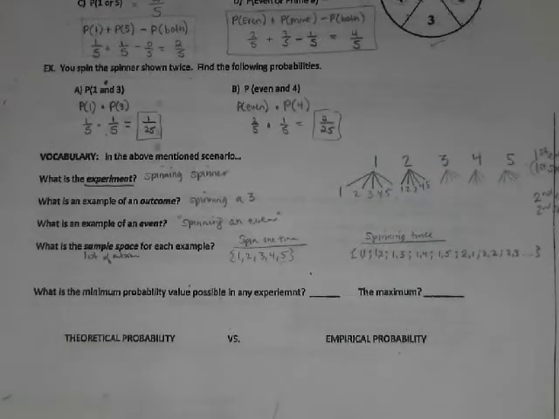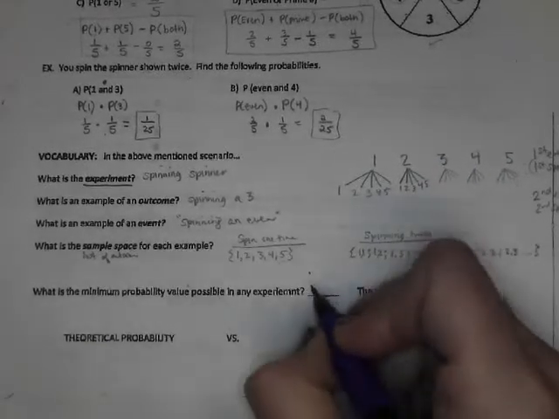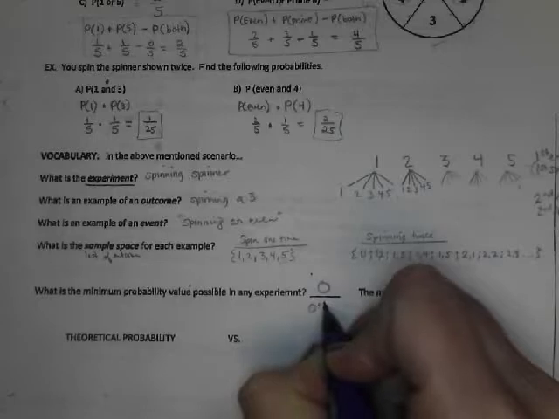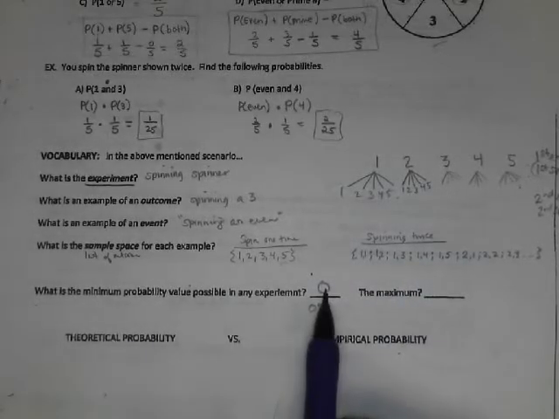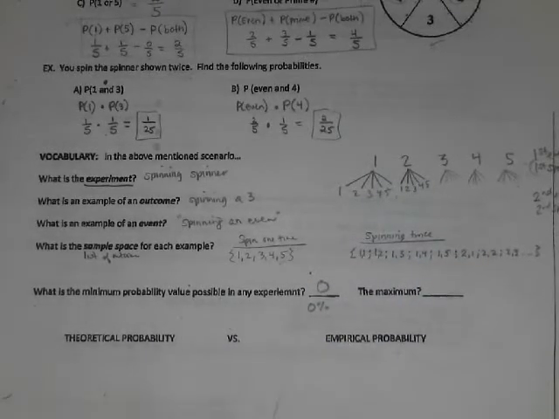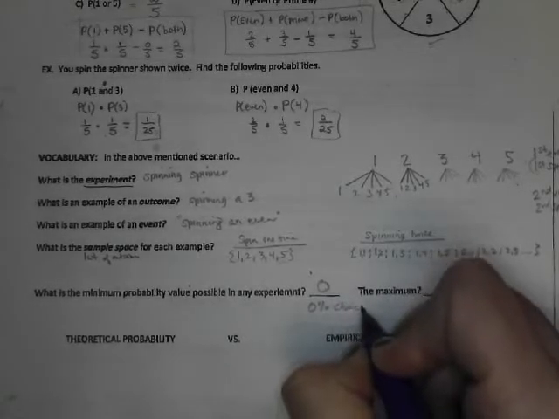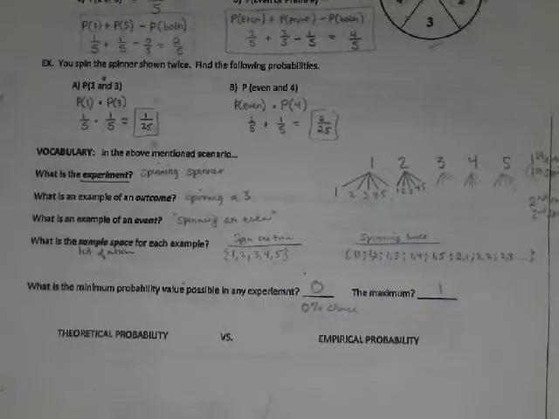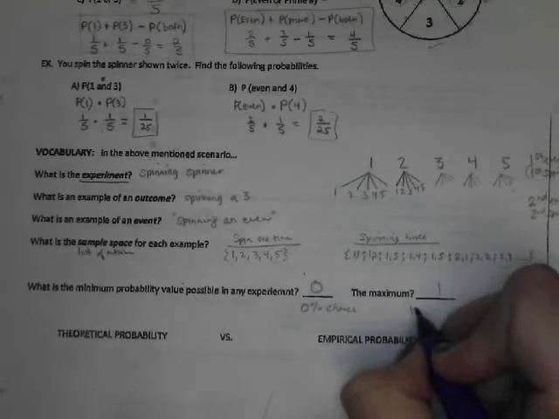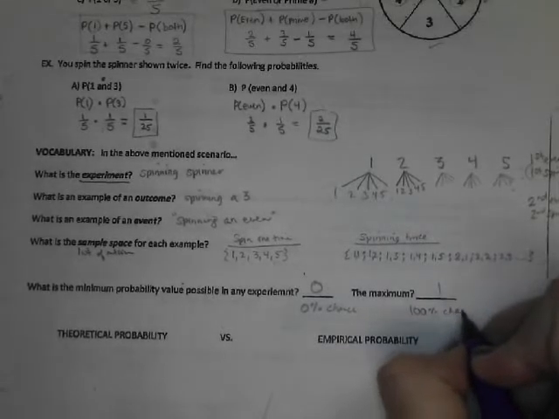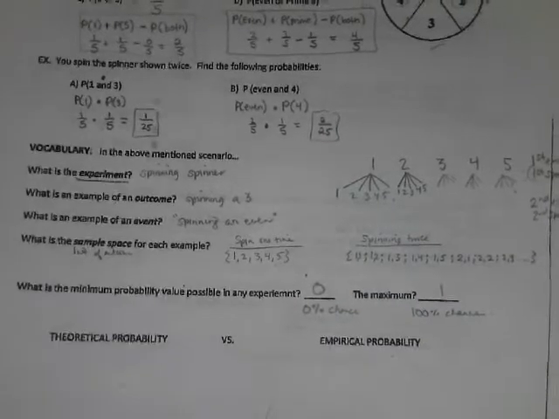Switching gears a little bit, minimum probability is 0, which would equate to 0%. They ask for probability, you have to give 0, but sometimes it's easier to conceptually think of it as a 0% chance. The maximum probability is 1, which is a 100% chance, if you want to think about it conceptually that way.